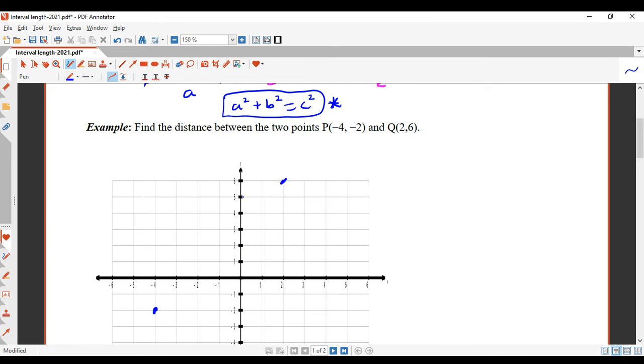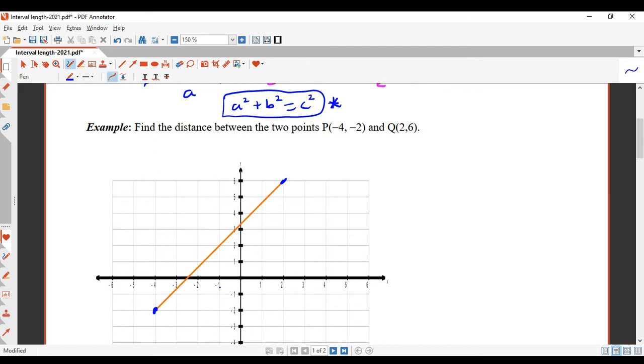Okay, 1, 2, 3, 4, 5, 6. So what I then do is get a ruler, just as a sketch, and I'm going to join those 2 points there. Now, your job is to find the length of that interval.